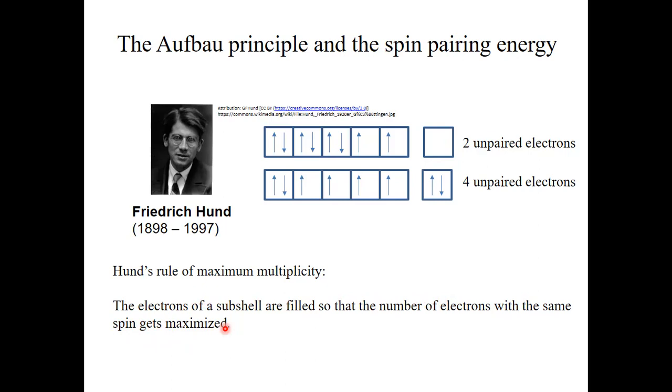Now, when you compare the 2 electron configurations that we discussed just now, you see that in the electron configuration 4s2 3d6, we have 4 unpaired electrons, while in the electron configuration 4s0 3d8, we have only 2 unpaired electrons.